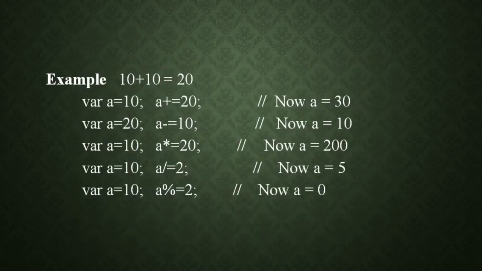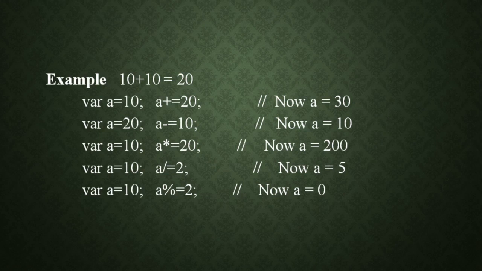This is the example for assignment operator. A value 10. For that I have taken an expression a plus equals 20. 10 plus 20, 30. Similarly for minus operation. That indicates that a plus equals 20 means a equals a plus 20.